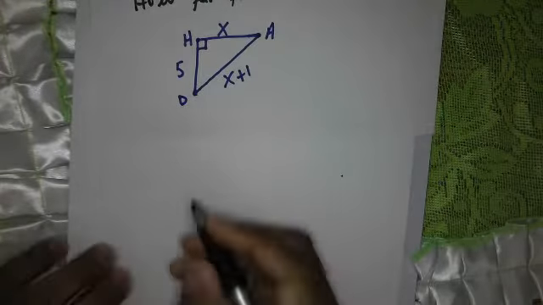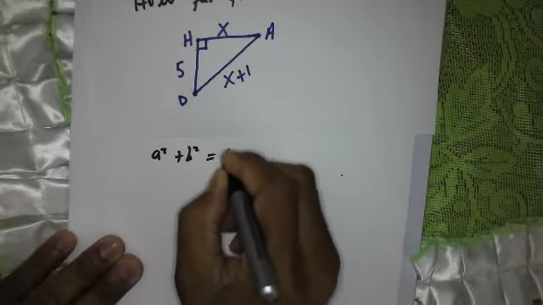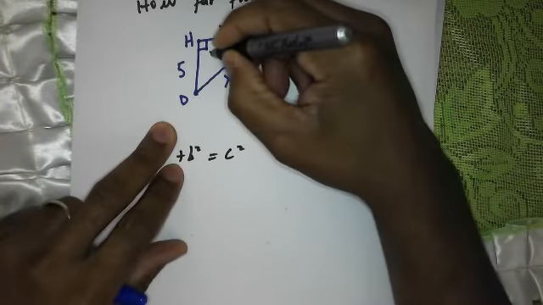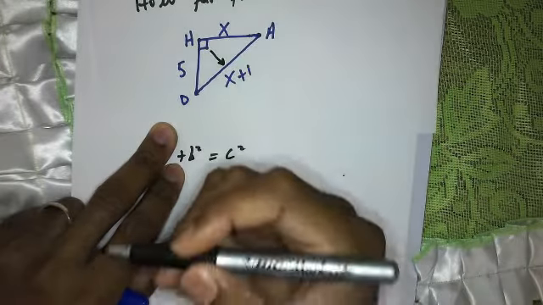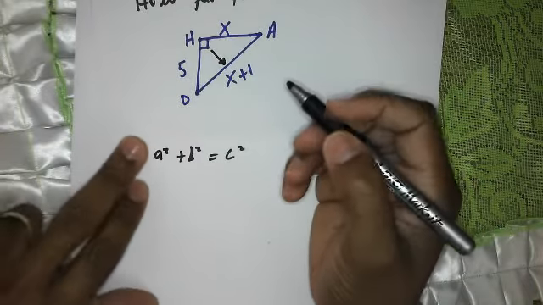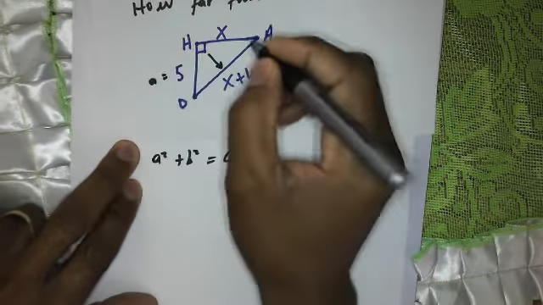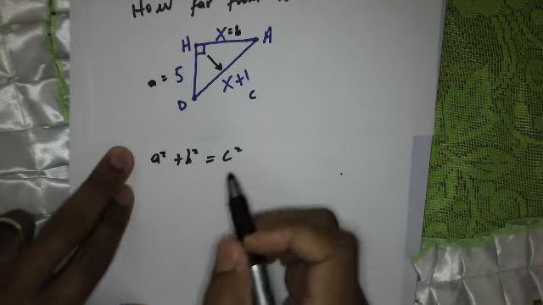The Pythagorean theorem states a squared plus b squared equals c squared. Remember that c is the side across from your right angle. The other two sides, one of them is a and the other is b. So if I call this c, I could call this side a and this side b.